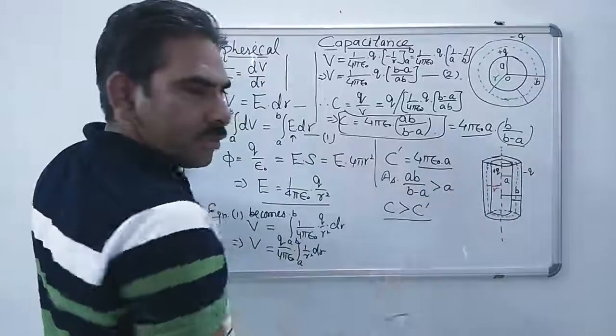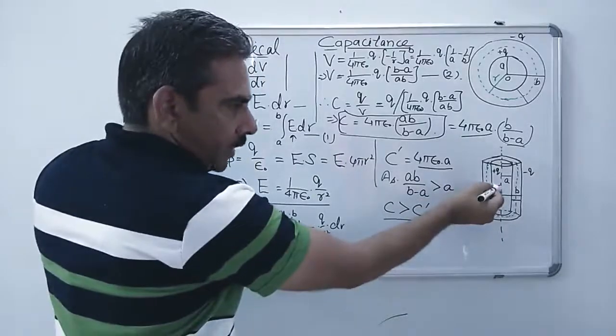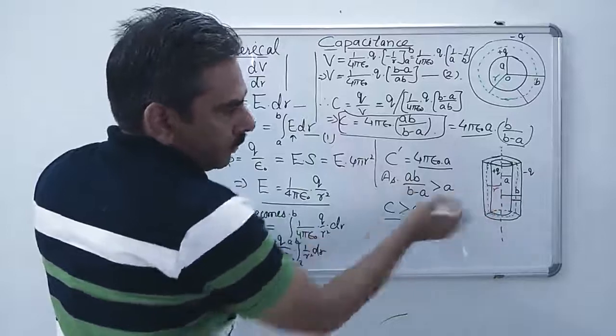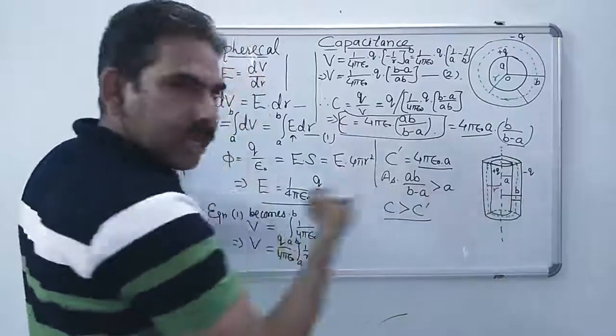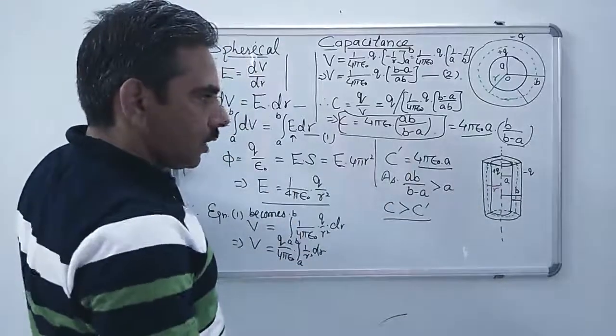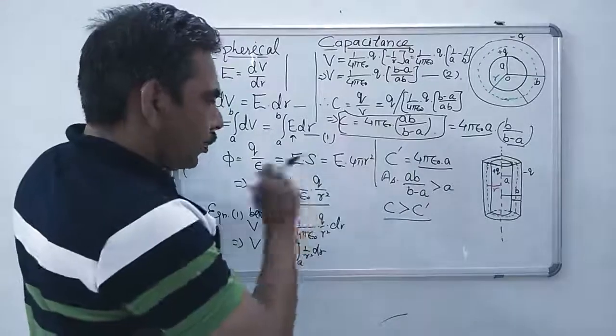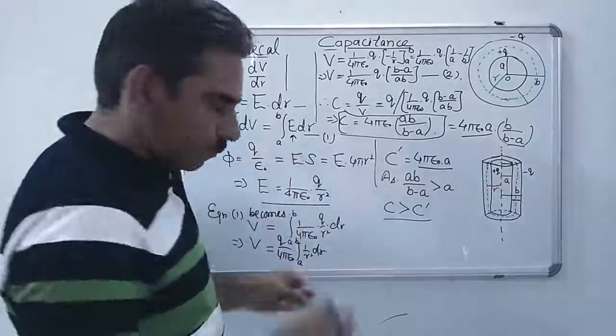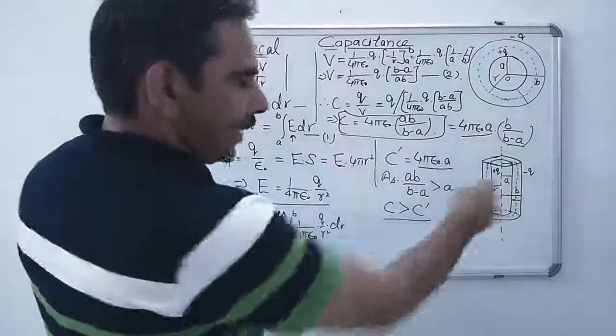Theta is 0 because the area vector of the Gaussian surface and the electric field are along the same direction, as we discussed earlier. So it is E into S, where S is the surface area of this Gaussian cylindrical surface.